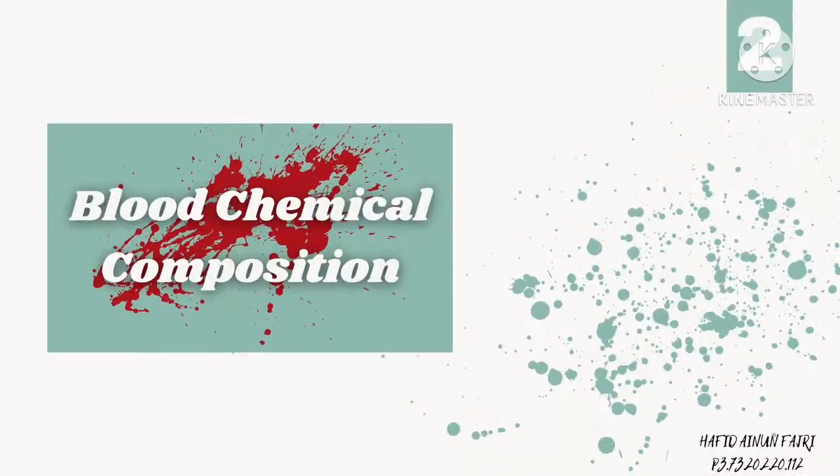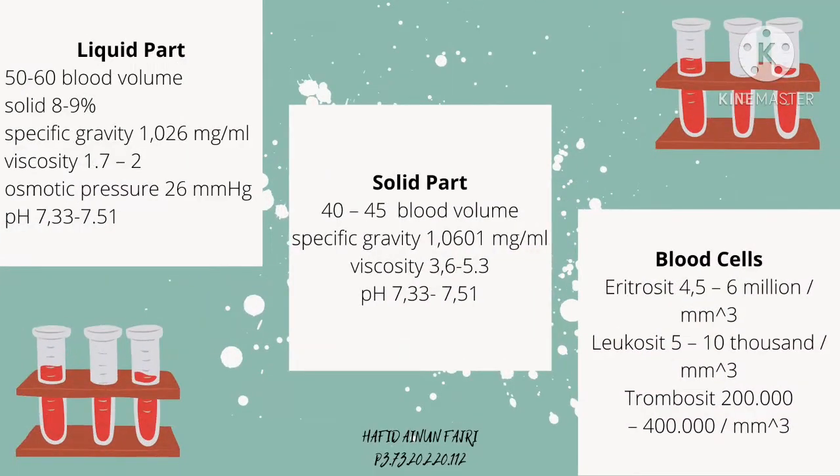Blood chemical composition. Liquid part: 50 to 60% of blood volume, solid 8 to 9%, specific gravity 1.026 mg per ml, viscosity 1.7 to 2, osmotic pressure 26 mmHg, pH 7.33 to 7.51.